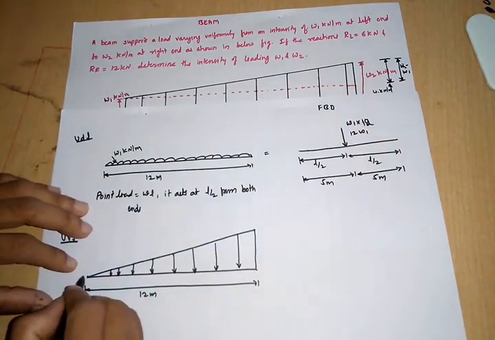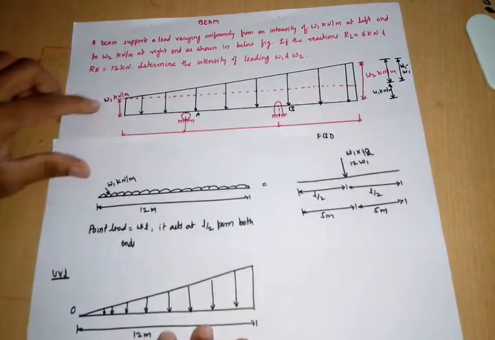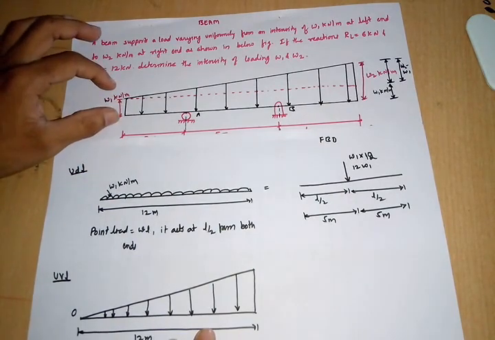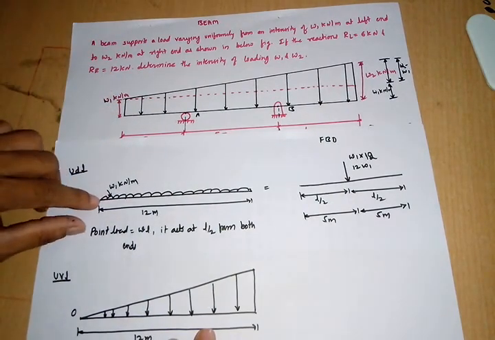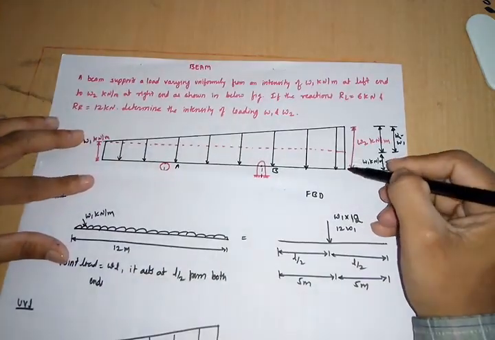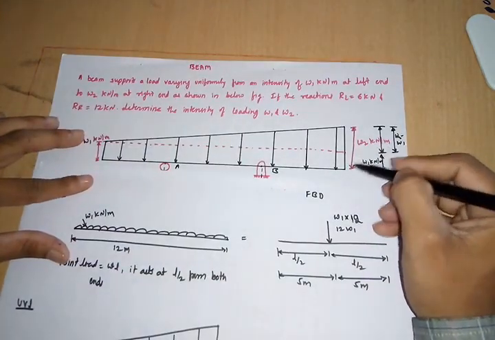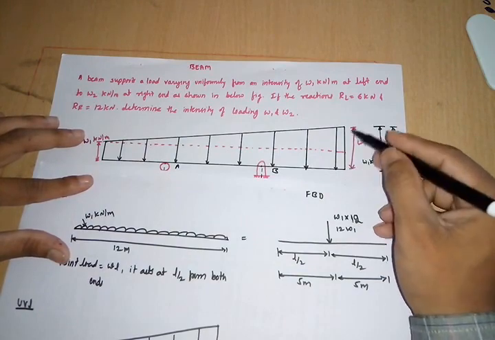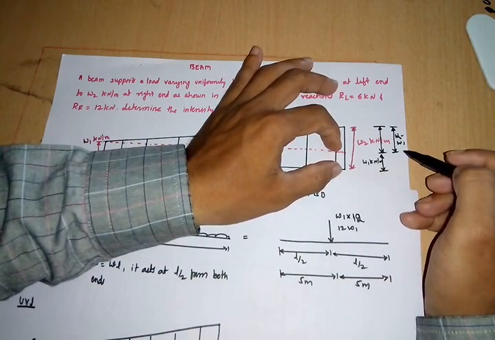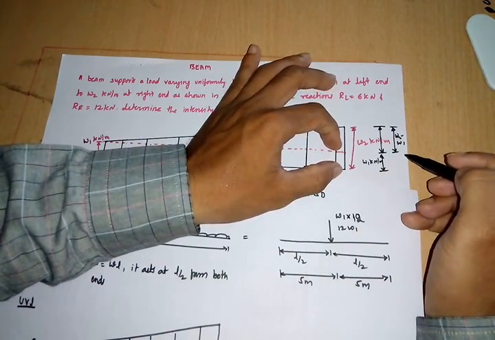Here it becomes 0, because from here to here it is W1, and I have already considered W1 in the calculation of the UDL. And here, if we look at the figure, W2 is from bottom to top, and within this I have considered this much portion as W1.